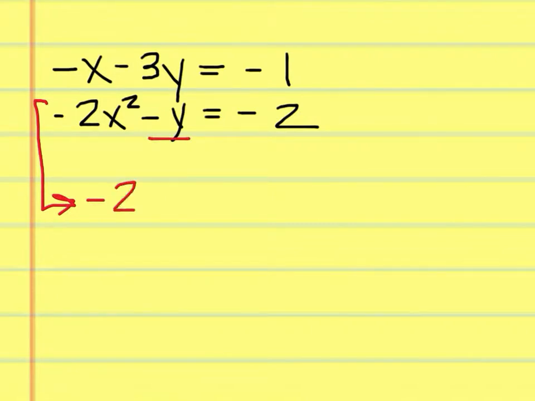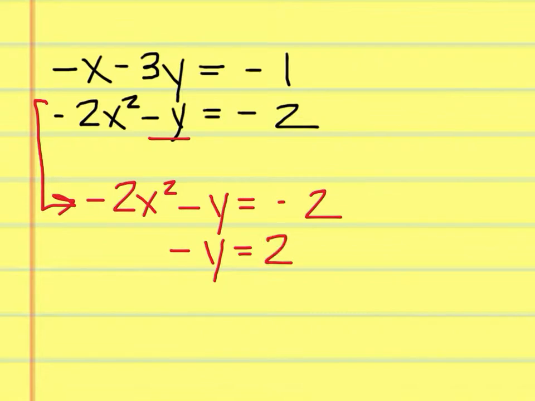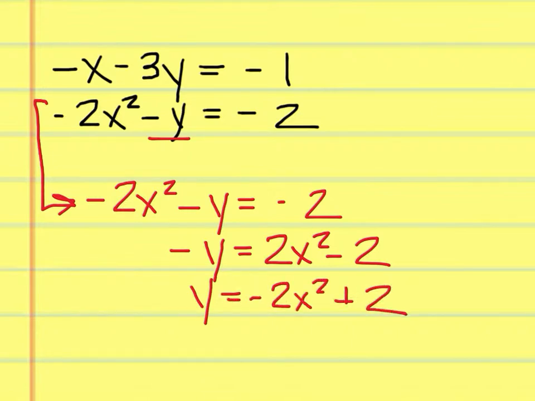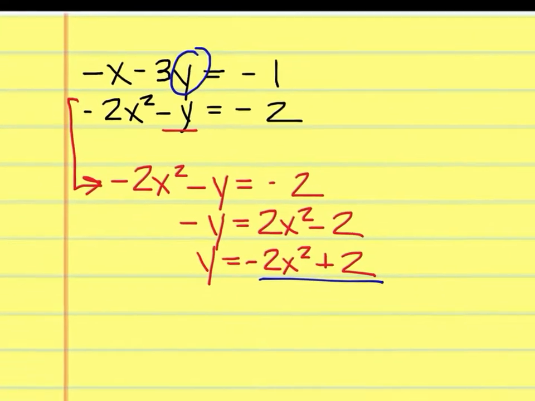So we will start with -2x squared minus y equals -2, and isolate this -y by moving the -2x squared to the right. Now we divide everything by -1. This expression is equal to y, and you can plug it in there in the blue circle for y in the other equation.